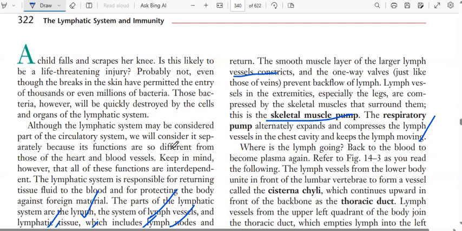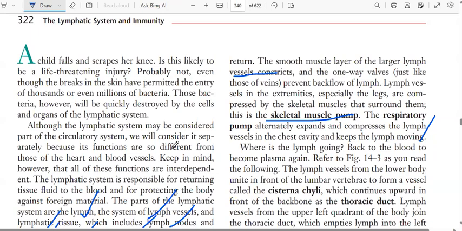Because the skeletal muscles present in the leg are in a relaxed position, and lymphatic vessels do not have that much energy to bring back the fluid from the lower level to the upper level because of gravitational force. So they need the help of skeletal muscles of the legs.